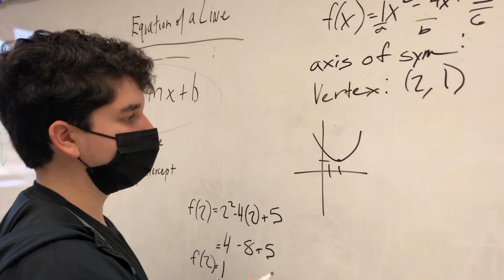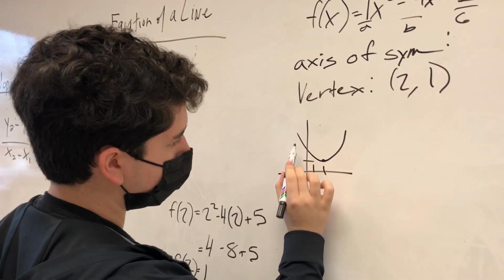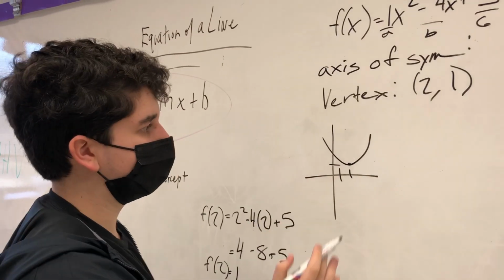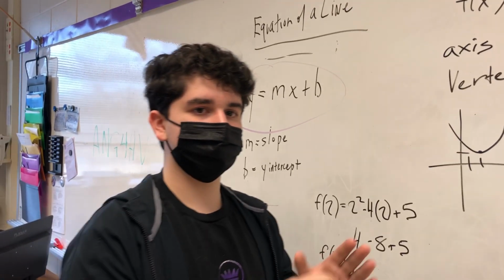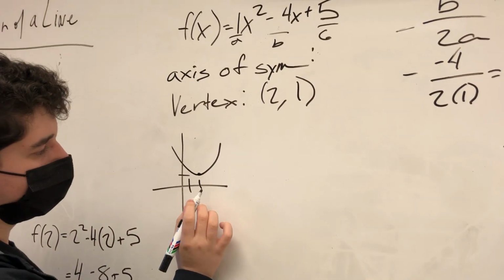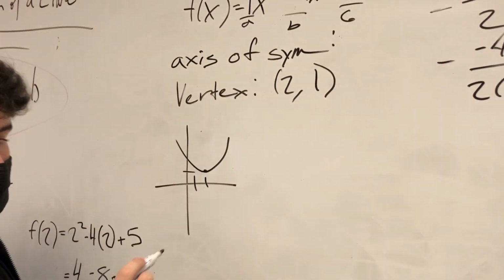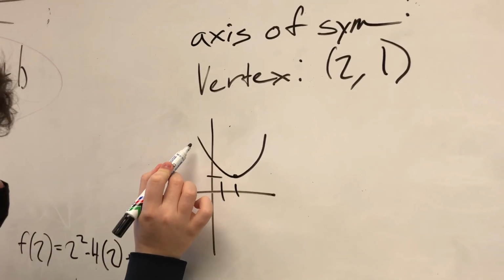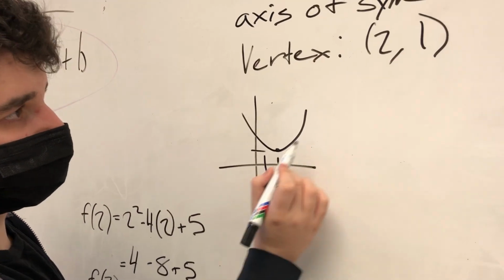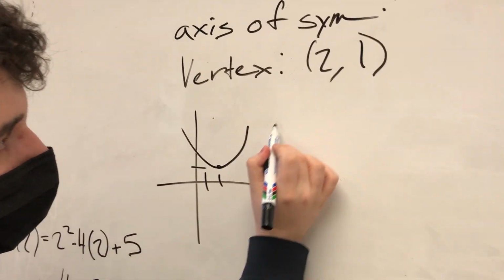Now our axis of symmetry is where the slope switches from negative to positive, or positive to negative. It is the point at which the slope changes on a parabola. That would be found at the lowest point. If you're imagining this, you're going down, and then right when you hit that vertex that we just found, you're going to start going up again.